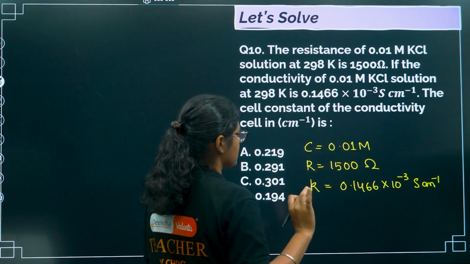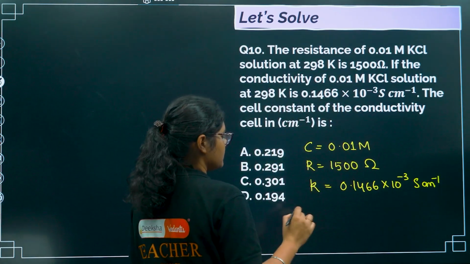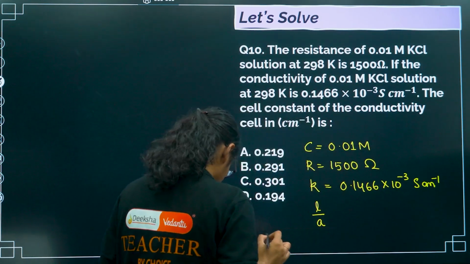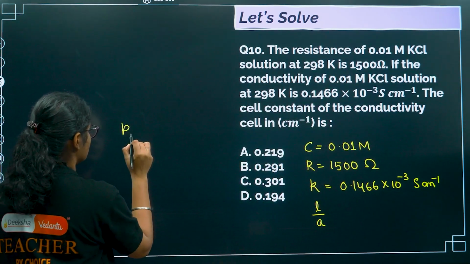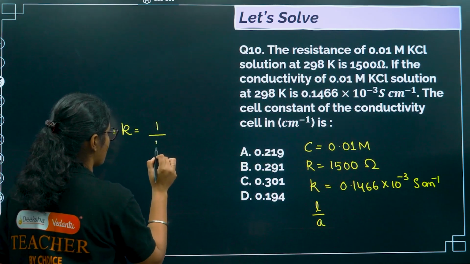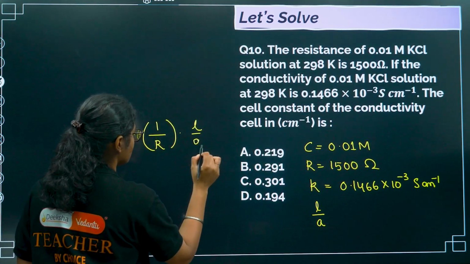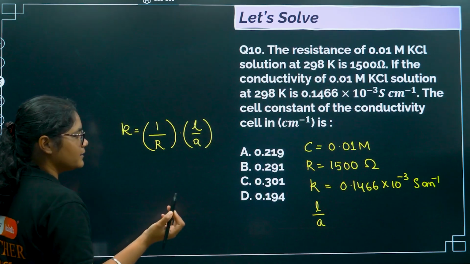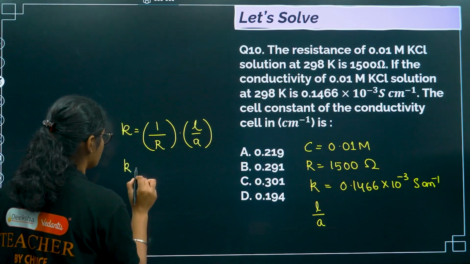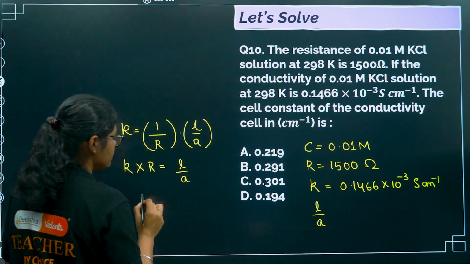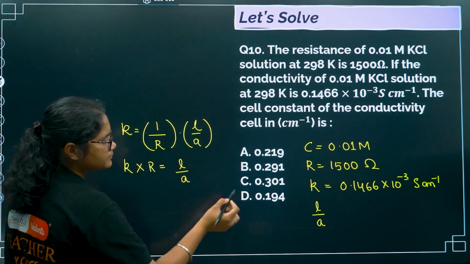Cell constant is asked. Okay, fine. We need to calculate the cell constant. So what is the formula we know? Kappa is equal to 1 by R into L by A, right? L by A is nothing but the cell constant. So can I say kappa into R will be your cell constant, that is L by A. What is the value of kappa here?